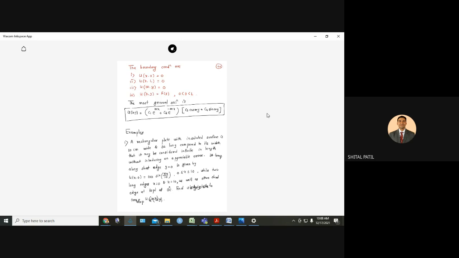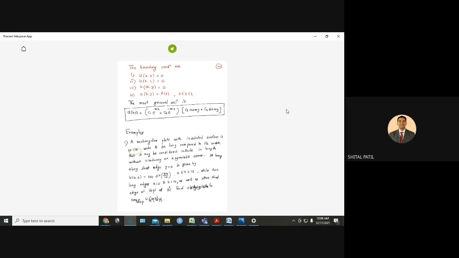Different edges are required. Go through the problem, see what is required. Let me read the problem. Rectangular plate with insulated surface is 10 centimeter wide. So width is 10 centimeter. This is known to us. And so long compared to its width that it may be considered infinite in length without introducing any appreciable error.